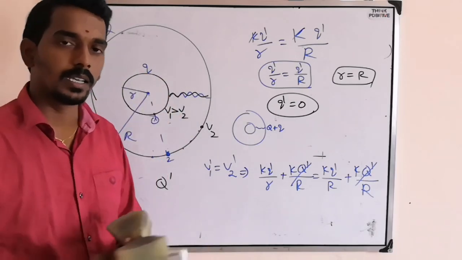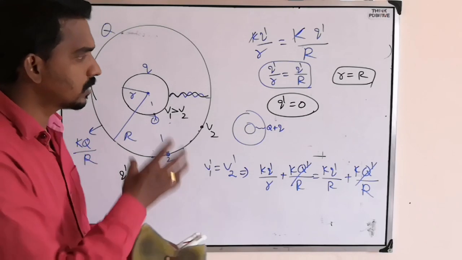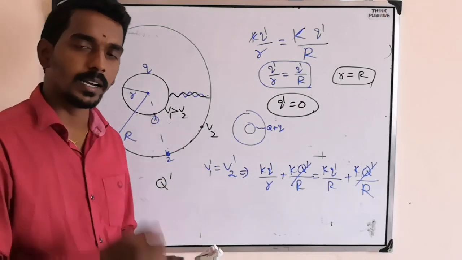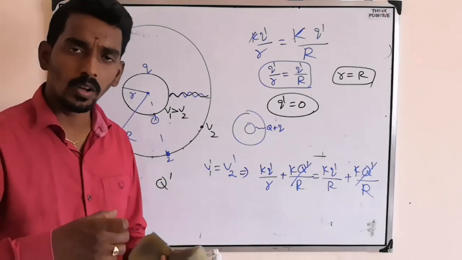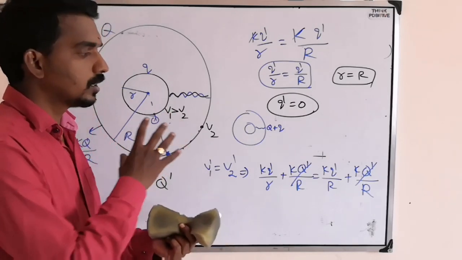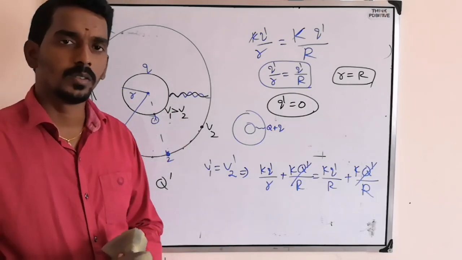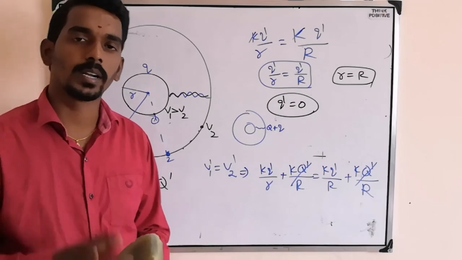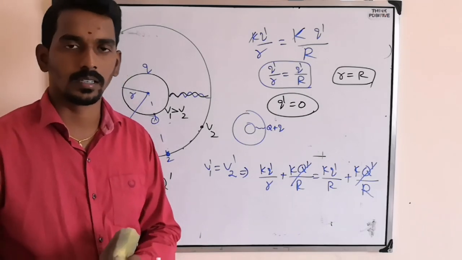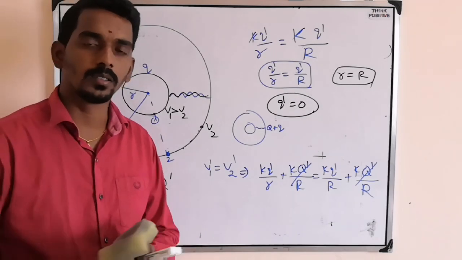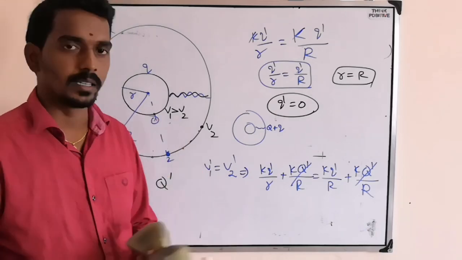So 3 different cases we have seen. Please try to understand each and every case and solve it twice. Then you will understand in a better way. So this is also one of the important concepts in electrostatics. Hope you all understood and you will practice it. Thank you.